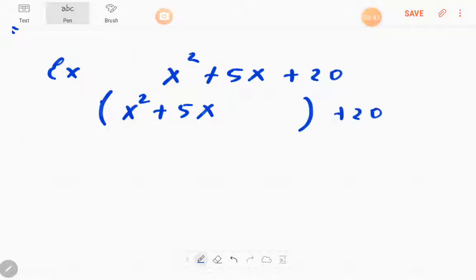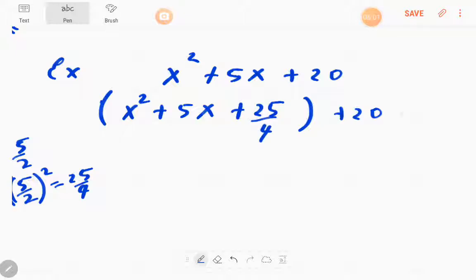So now if we have 5, we divide that by 2. That's 5 over 2. So now if we square 5 over 2, we would get 25 over 4. So add 25 over 4 here. But then over here we have to subtract 25 over 4.